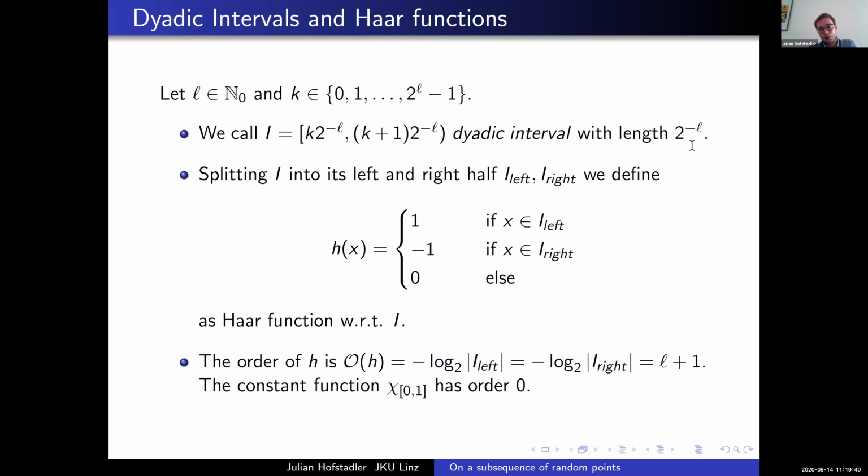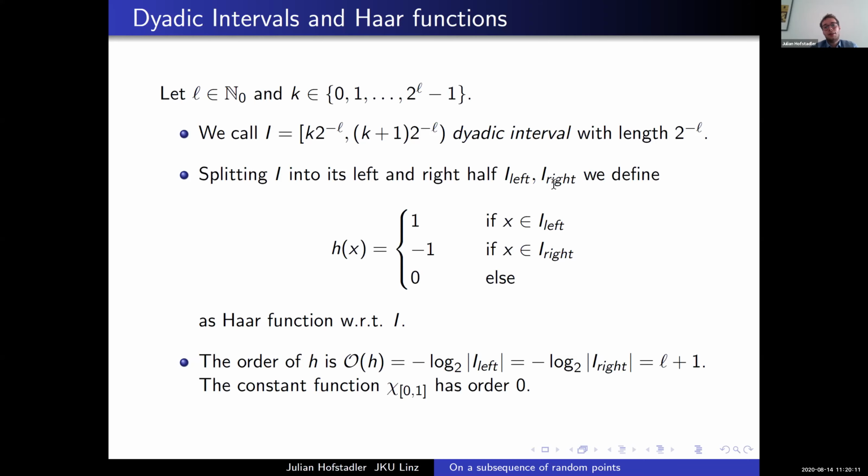It has length 2 to the power minus L. And if we split it into its left and right half, which I will denote by I left and I right, then we can define the half function with respect to I, which is 1 if x is contained in the left half, and it's minus 1 if x is contained in the right half, and it's 0 everywhere else.